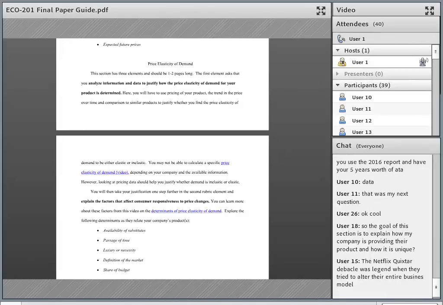You can look at pricing data in some other ways, though. Does your company often offer sales? Do they compete on price with their competitors consistently? Things like that will indicate either elastic or inelastic demand.